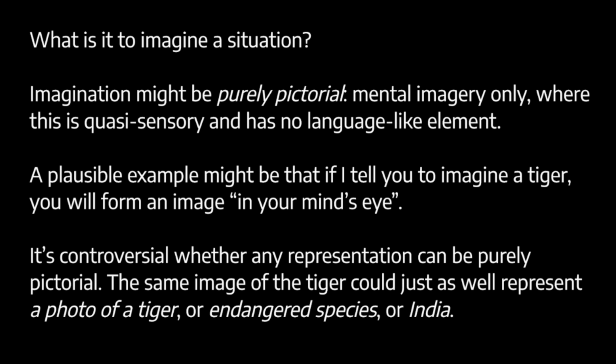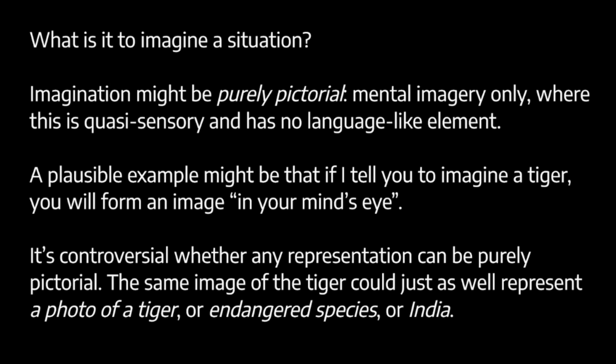Now, I should note it's controversial whether there can be any purely pictorial representations. The problem is, many philosophers hold that similarity alone is never going to be enough for representation. A mental image can only be a mental image of a tiger, for instance, if you have already assigned some meaning to it.